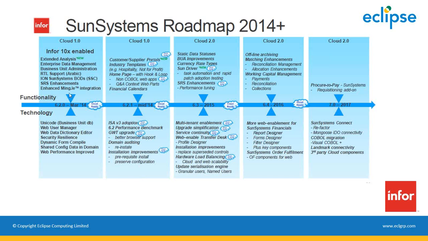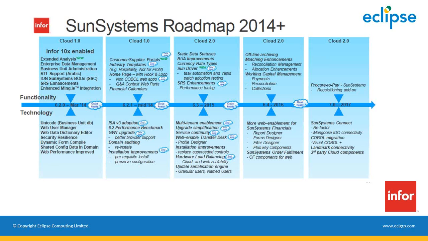The top half of this schema is the introduction of new functionality, the bottom half is changes in technology or platform. You can see cloud is a very big part of this. Where we are at the moment, this is the first cloud-enabled version of Infor 10X SunSystems 6.2. In addition, we've got a lot of core functionality, extended analysis, enterprise data management, language enhancements, Mingle integration, etc., plus a series of enhancements on the technology side.